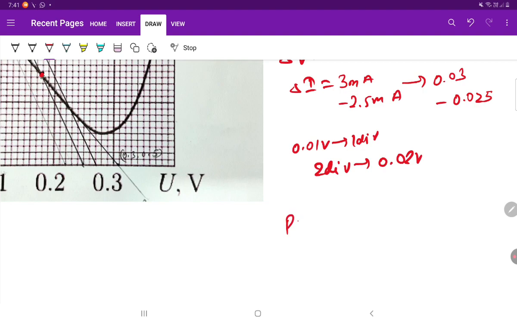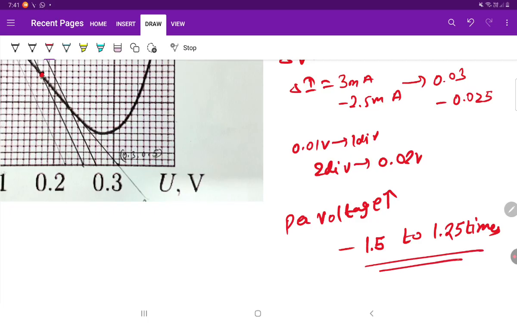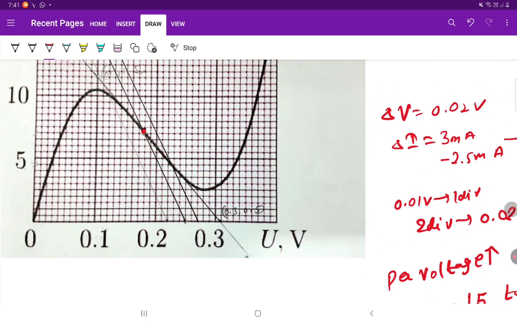Hence, per volt of increase, there will be an increase in output voltage by about 1.5 to 1.25 times, right?